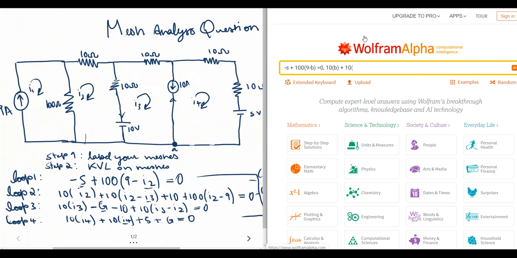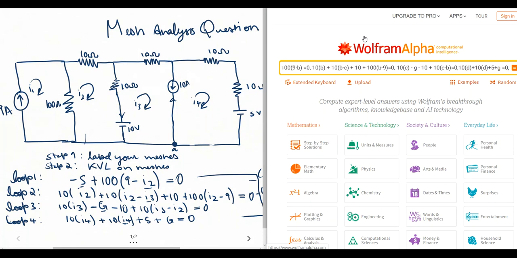Plus 10, B minus C plus 10 plus 100, B minus 9 is equal to 0, 10 C minus G minus 10 plus 10 C minus B is equal to 0, and then 10 D plus 10 D plus 5 plus G is equal to 0.